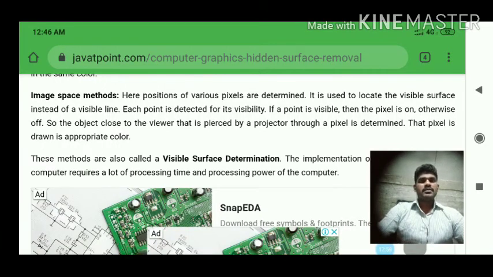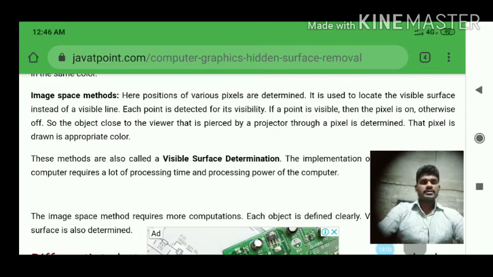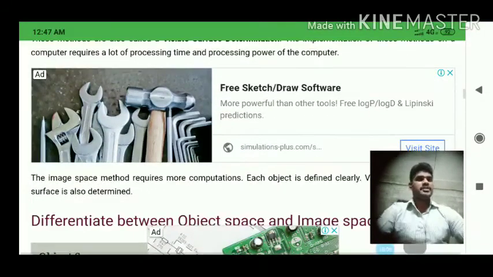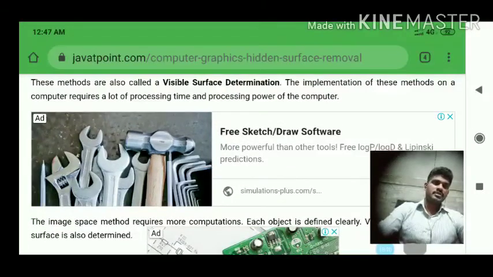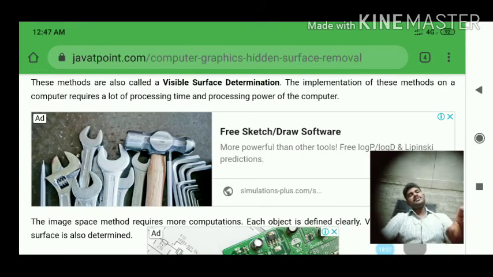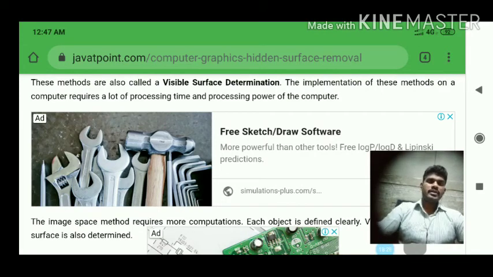Like this, you determine the visible lines and visible surfaces, and these methods are also called visible surface determination. The implementation of these methods on a computer requires a lot of processing power, time and memory. What do we need?